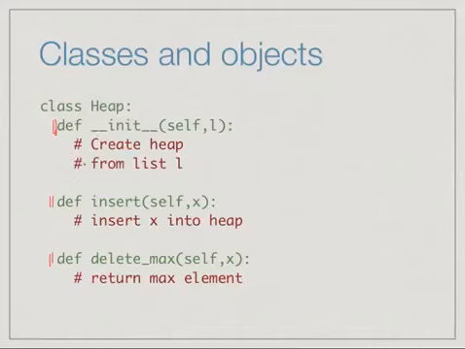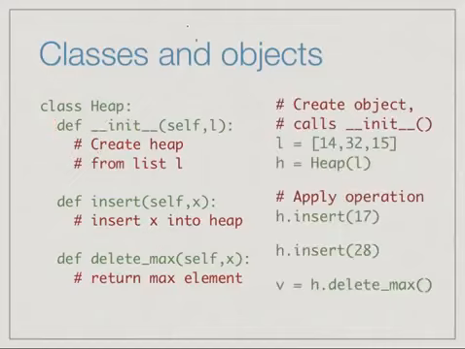So just to get a little bit of an idea about how this would work, when we create an object of type heap, we call it like a function. So we say h is equal to heap L. This implicitly says, give me an instance of the class heap with the initial value L passed to it. Now this calls the function init, which is why it's called init.